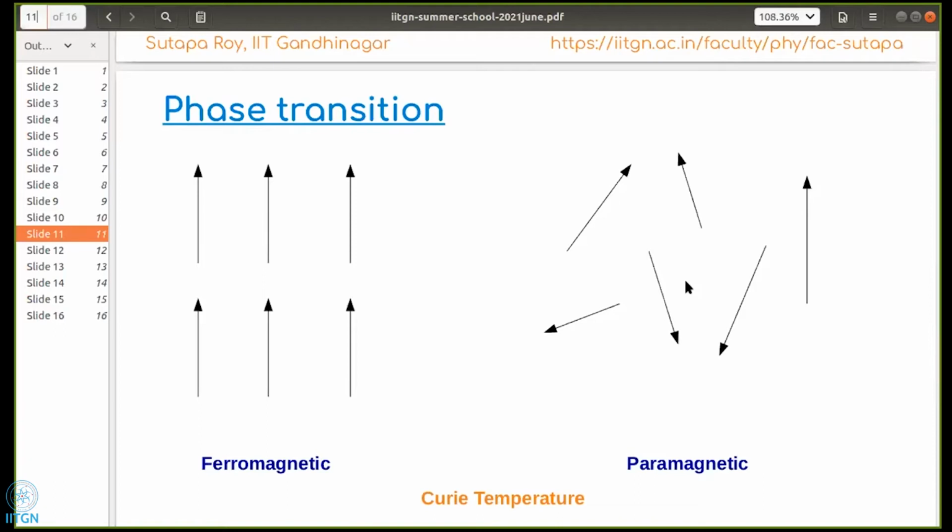If you quench the system below a certain temperature, which is known as the Curie temperature, then these lattices get aligned, and you have a system where the magnetization is of finite value. That is another kind of phase transition, where starting from this randomly oriented phase, you go to an ordered phase. That's a phase transition which one observes in the case of a magnetic system.